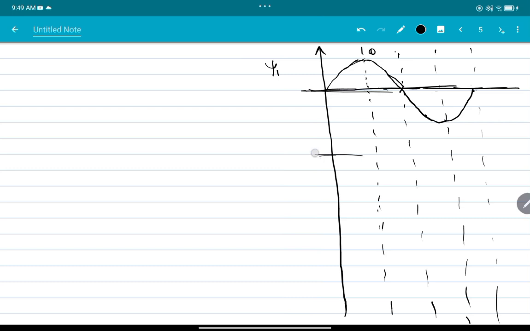You now have another wave. Since its amplitude can be more than that, I will have to take it from this. What I'm going to do is divide this lambda by 4 gap into 2 parts. I have this lambda by 8.